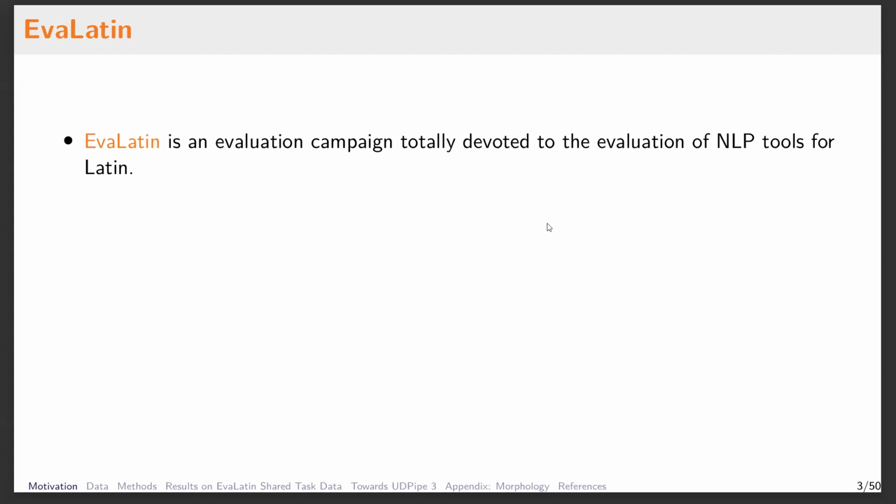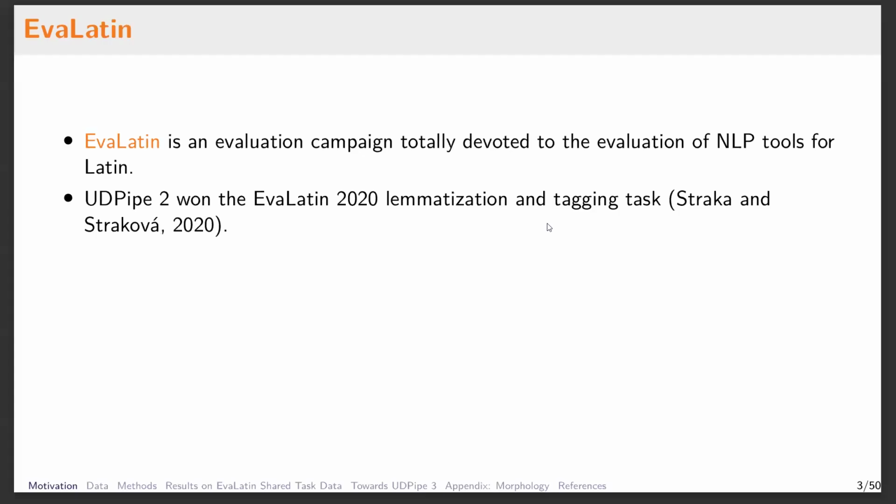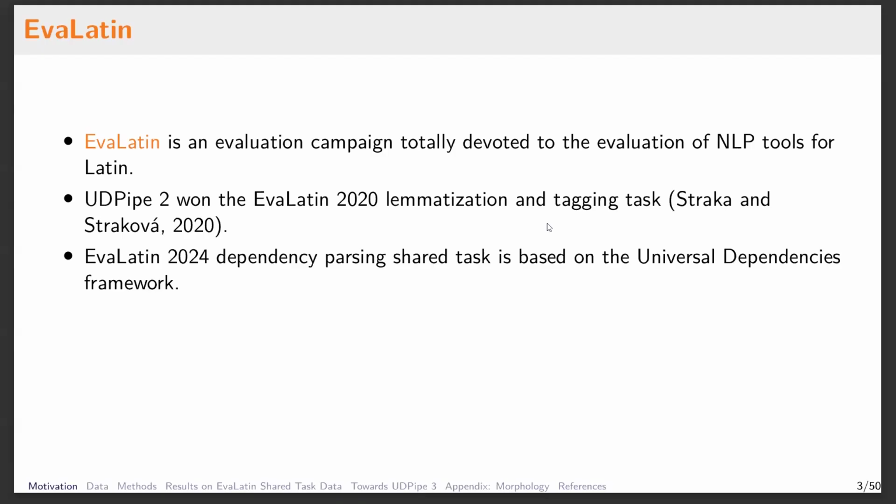So we learned that there was an opportunity again: EvaLatin is an evaluation campaign totally devoted to the evaluation of NLP tools for Latin specifically. And we actually participated in this shared task several years ago, but it wasn't dependency parsing. At that time, it was a lemmatization and tagging task, but UDPipe does all these things. So we took part, and it was a good entry.